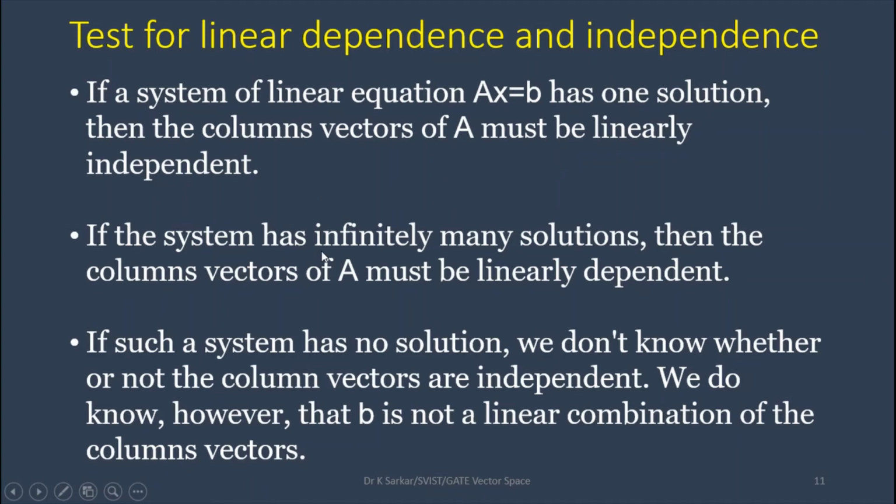If the system has infinitely many solutions, then the column vectors of A must be linearly dependent. If such a system has no solution, we don't know whether or not the column vectors are independent. We do know, however, that b is not a linear combination of the column vectors.